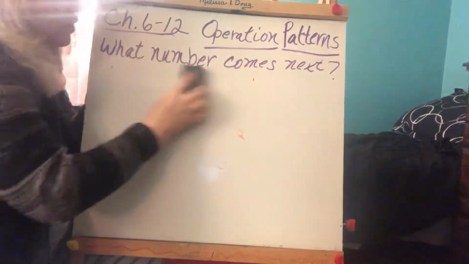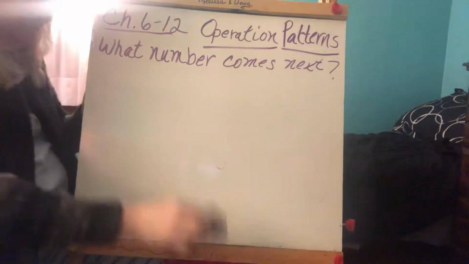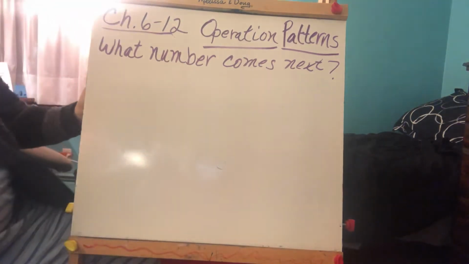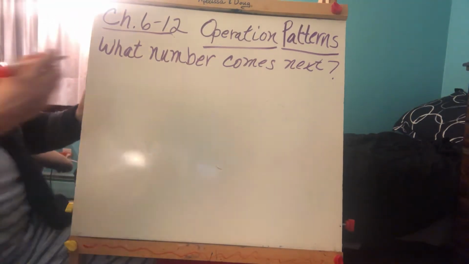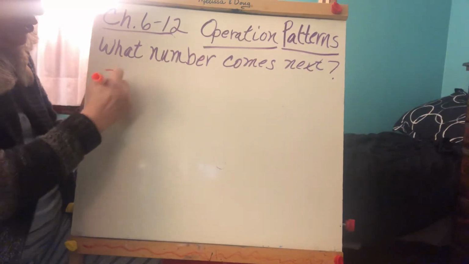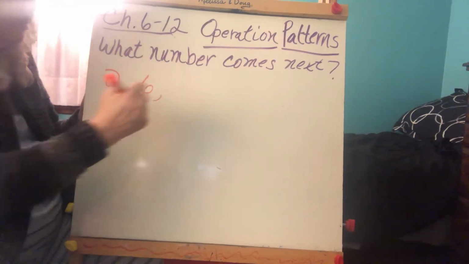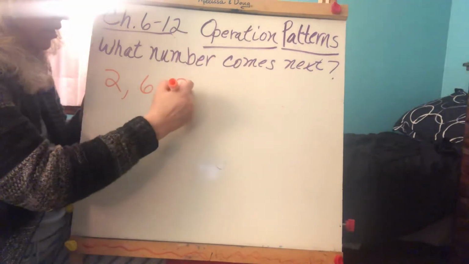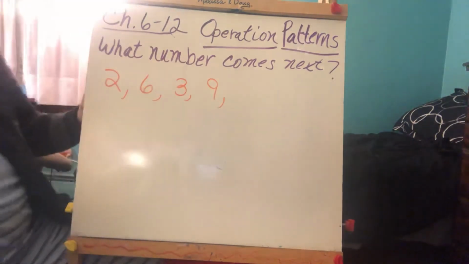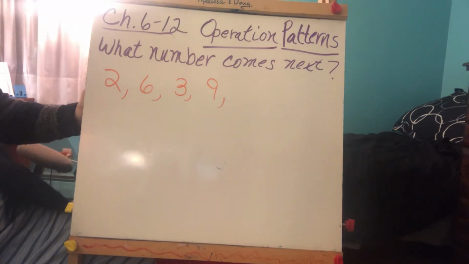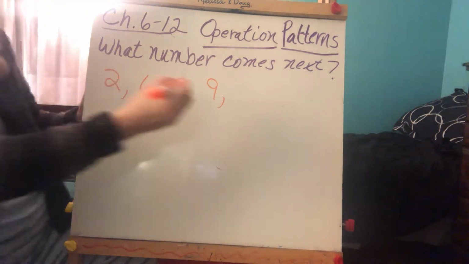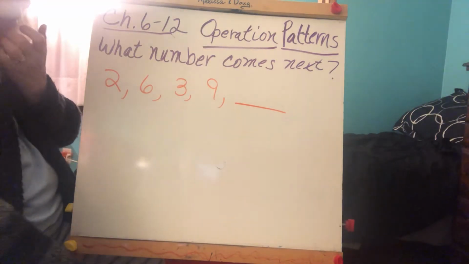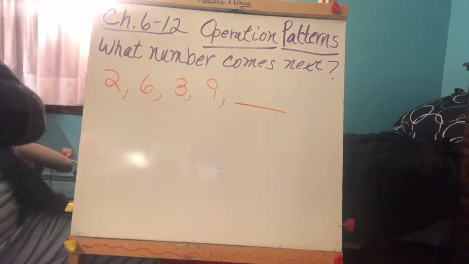So what if you were given, let's say, 2, 6, 3, 9, blank. Okay, this one's a little trickier.